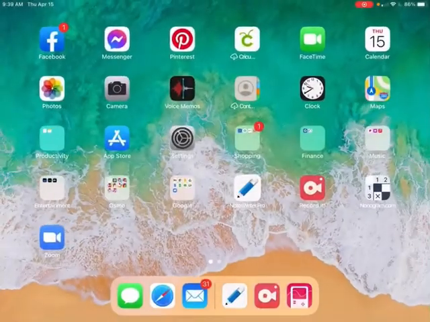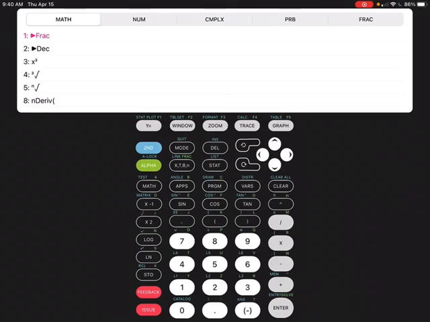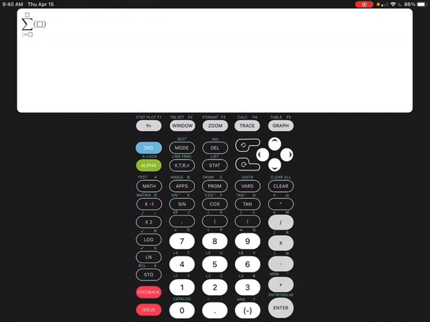Now, on your calculator, you can find this if you hit the math button, which is right underneath of alpha. We can find the summation. It is option 0, so we can do summation, and then it's going to let you put in the values.